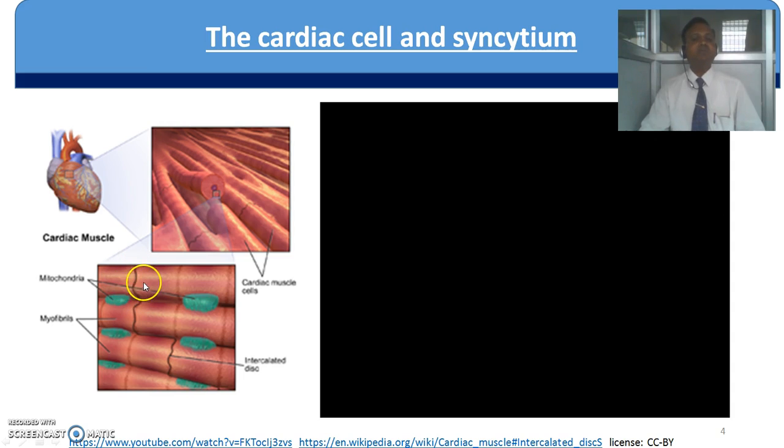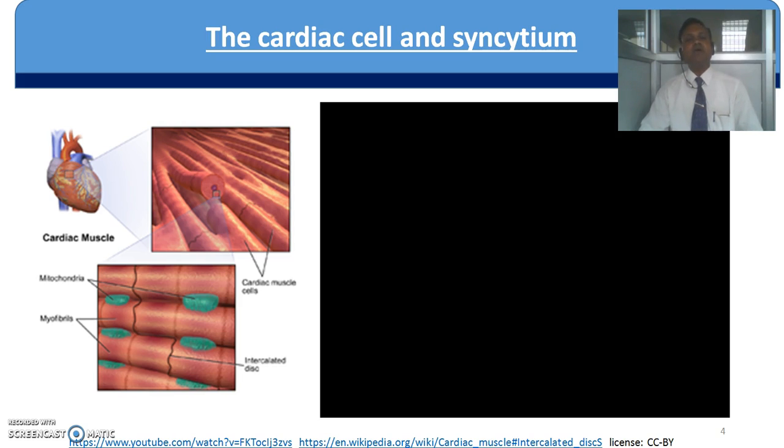This disc is very permeable to all sorts of ions, because of which whatever happens in one end of the cardiac muscle is easily carried towards the other end, or whatever happens in one part of the heart is carried easily towards the whole heart. That is the reason why we say that the heart behaves as if it is a single cell containing multiple nuclei. The permeability of the intercalated disc makes the heart behave like this.